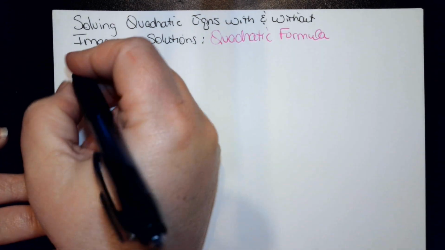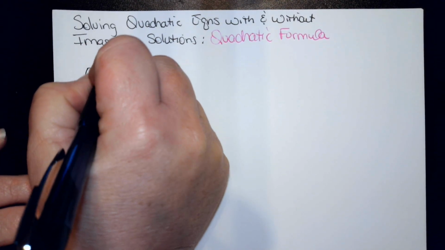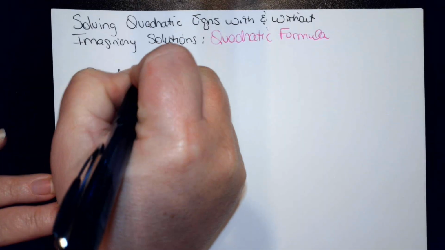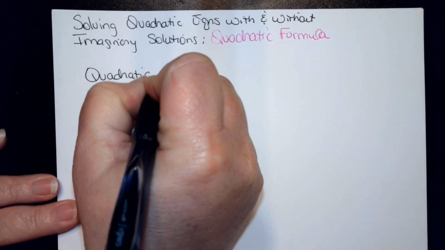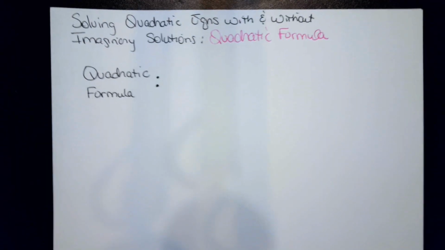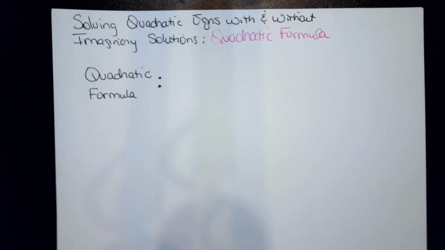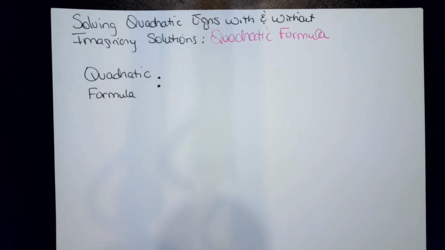Alright, so think back to the quadratic formula. When you're solving quadratics, probably the first thing you learned to do was to solve by graphing. And we looked to see that whenever it crossed the x-axis, that was our solution. Okay.